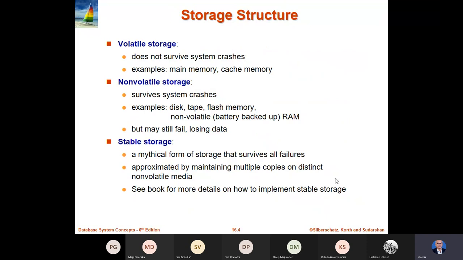It could be because you are writing to multiple copies, or writing to a different system, so that even if the system where your main transaction is going on crashes along with its disk, the storage which we term stable storage in that second server is not going to fail.